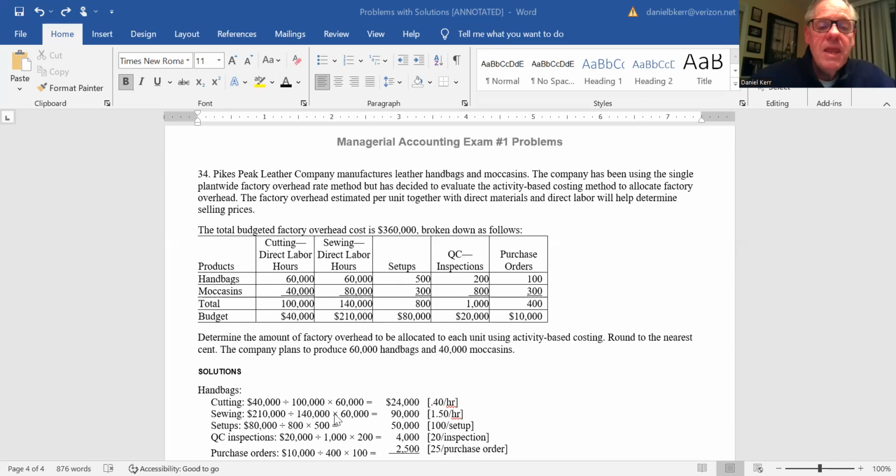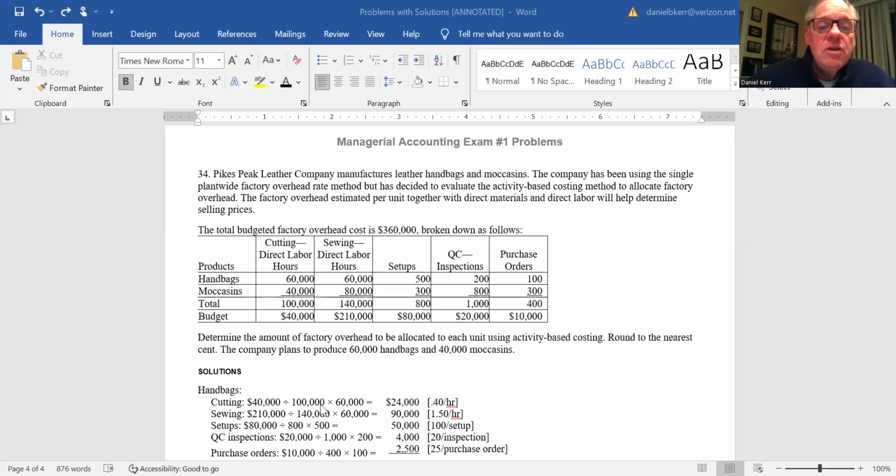So you can see how I've accounted for them here in terms of getting my rate. And then you have to divide by the total number of labor hours. So you divide cutting, 40,000 by 100,000, and sewing, 210 divided by 140.